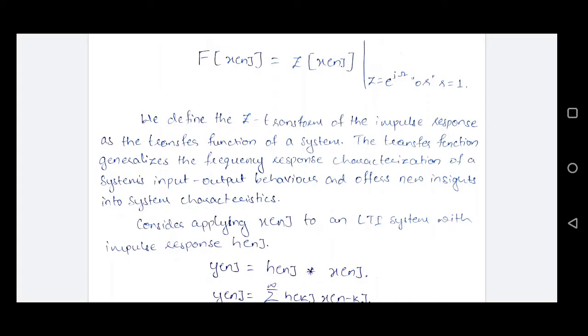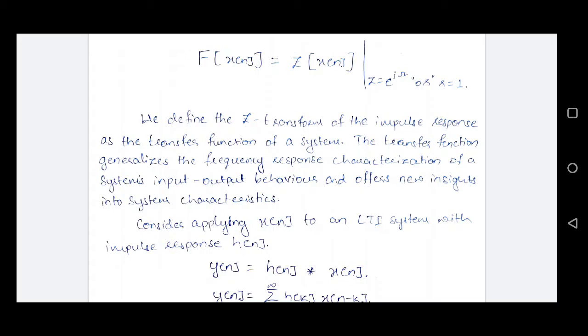So we define Z transform of the impulse response as the transfer function of the system. Impulse response is the time domain characterization of a linear time invariant system, and transfer function, which is the Z transform of the impulse response, is the frequency domain characterization of the same linear time invariant system, and transfer function generalizes the frequency response characterization of the system's input output behavior.